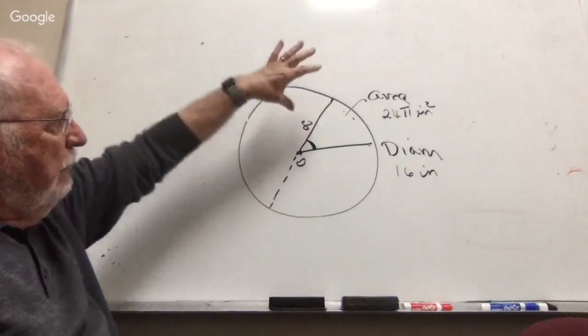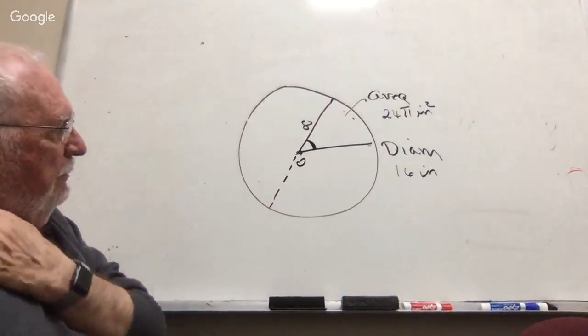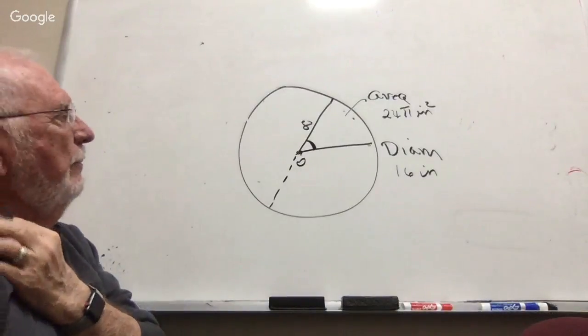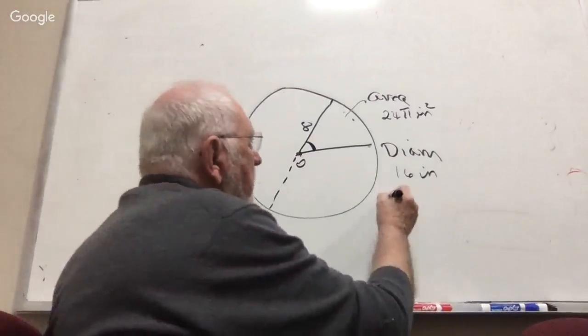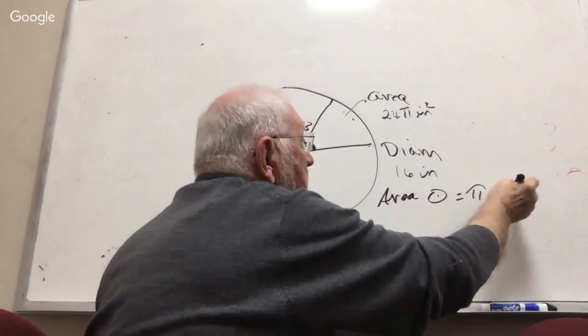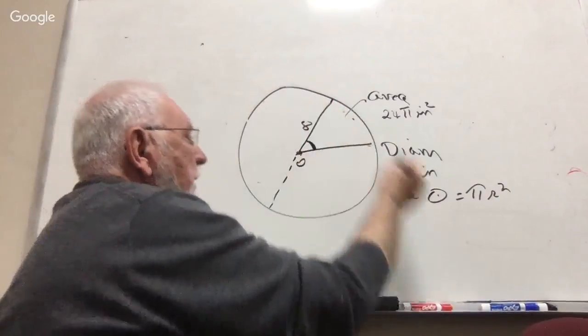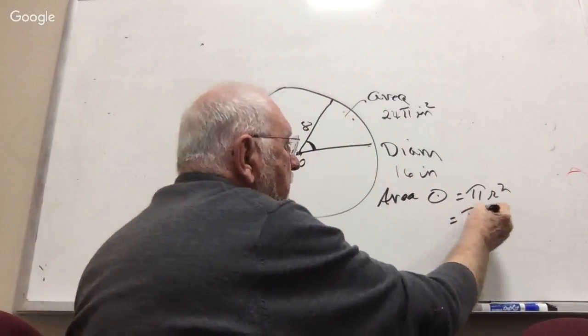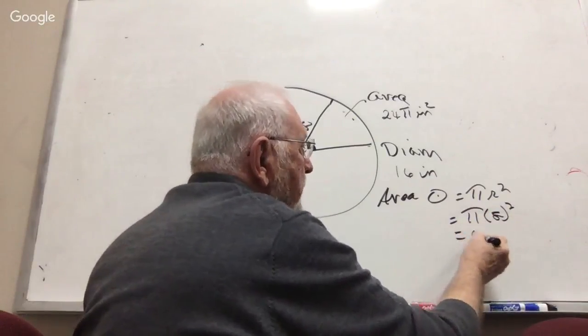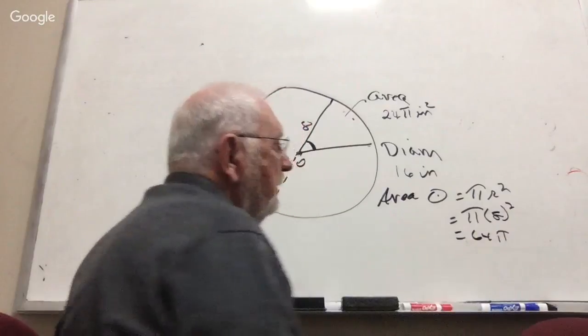So if we know the radius of a circle, can we find the area of a circle? Yes. So the area is pi r squared, right? So if the radius is 8, then that's pi times 8 squared, or 64 pi.